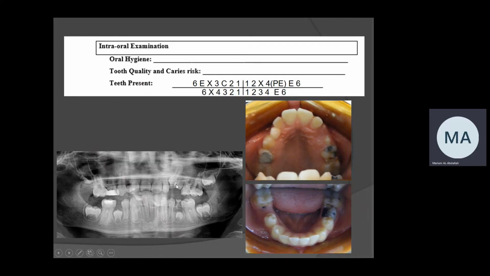And we have the partially erupted 4 and the canine almost erupting. In the lower arch, everything looks normal, except for this 5 where we have delayed dental development compared to the other side. It doesn't look normal in terms of size and shape and in the stage of dental development. So this is how we document the teeth present.